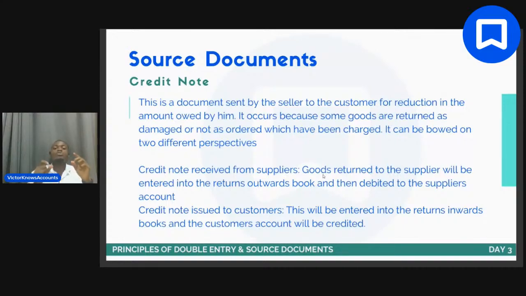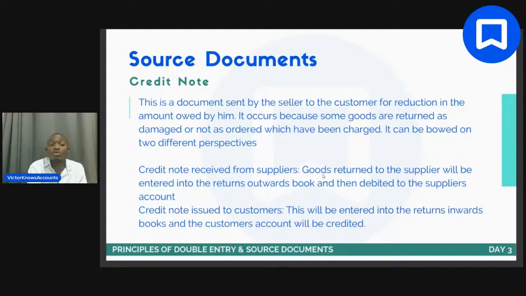But don't forget, it is always the seller or the supplier that issues the credit note. And when a seller issues a credit note, the information or communication it is trying to pass across is that the amount you owe me has been reduced. I don't know if you understand that.